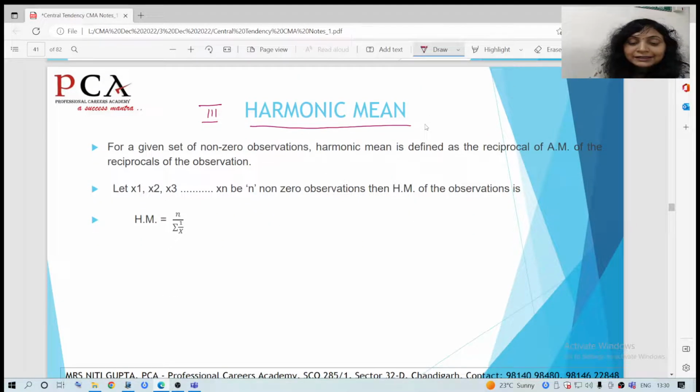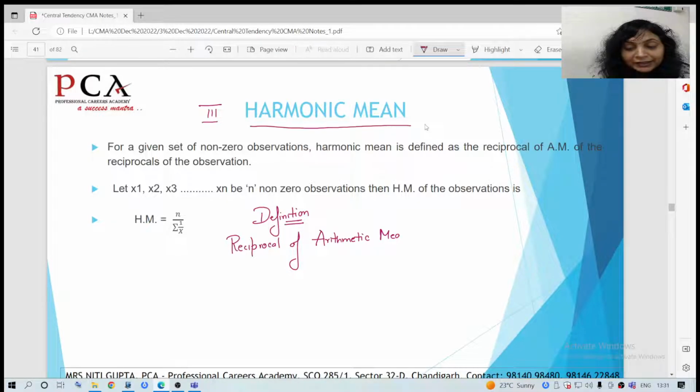So first understand the definition of harmonic mean. In the definition itself we can identify the formula. Harmonic mean is the reciprocal of arithmetic mean.